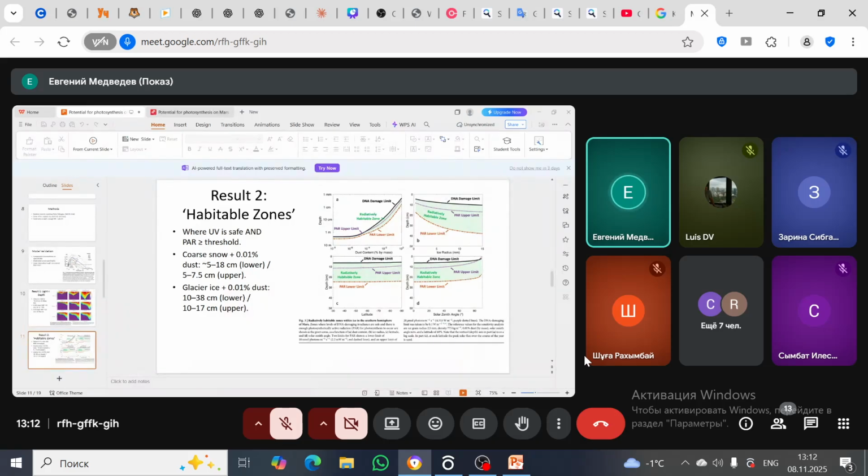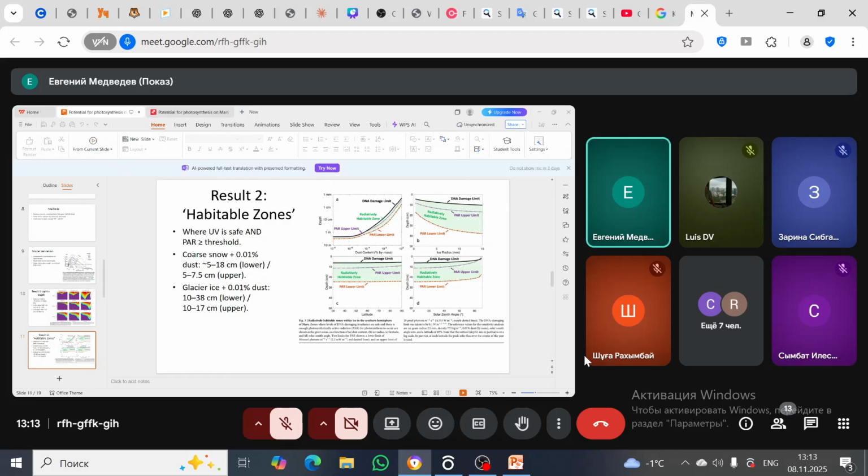And where can we look on Mars? So the best are mid latitudes, around 30 to 50 degrees. For latitudes, we can see there is the widest area.